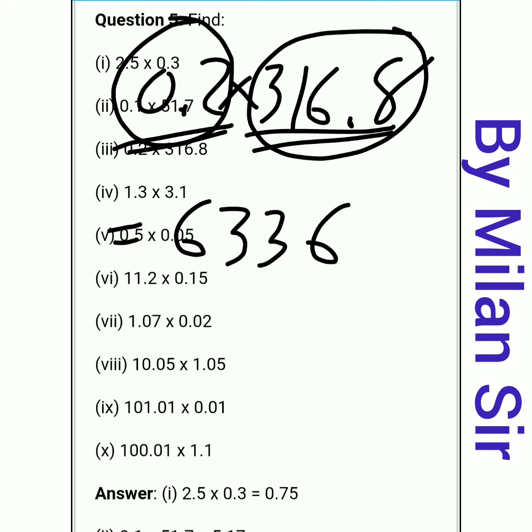So in answer before two digits we need to put the decimal point. Here our two digits are 3 and 6, so here we need to put the decimal point. So 63.36, this is our final answer.